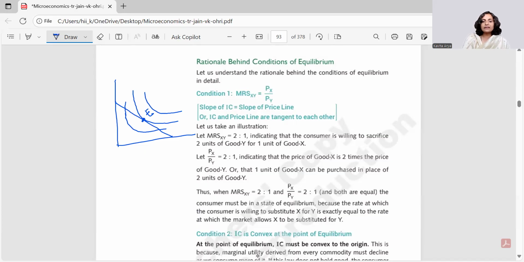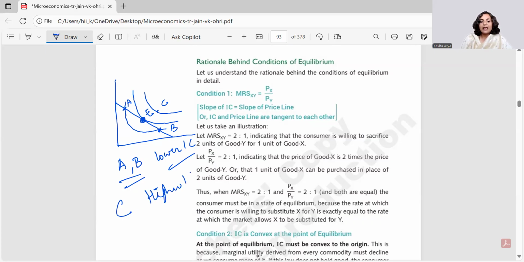They say why the equilibrium is not there at point A, B, C, or D. A and B lie on the lower IC, so they give lesser satisfaction as compared to point E. But C lies on a higher IC which is beyond his affordability.